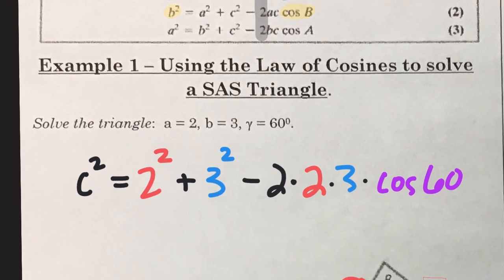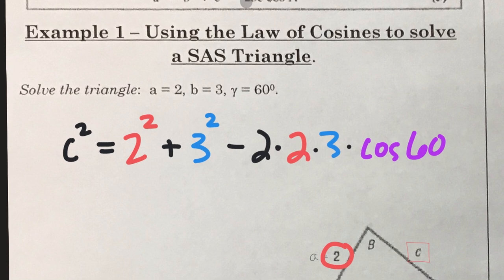Now this is just a matter of putting it into our calculator. I have an Inspire, so I can put this all in at one time: 2 squared plus 3 squared minus 2 times 2 times 3 times the cosine of 60. Hopefully your calculator is in degree mode, because we're taking the trig of a degree angle.